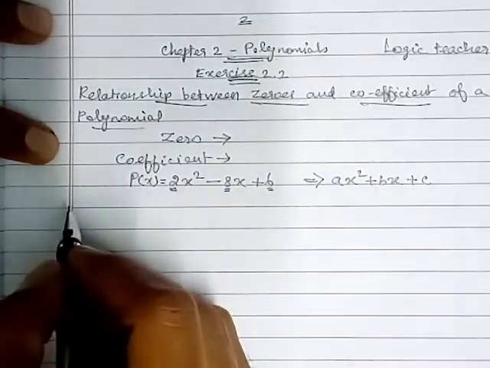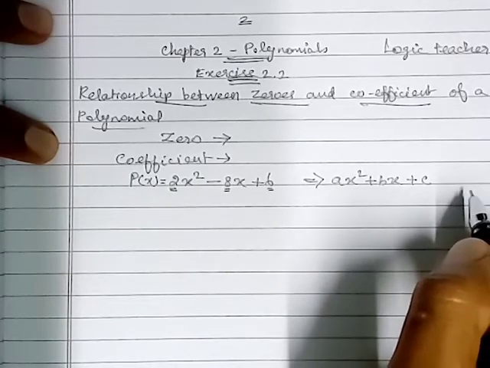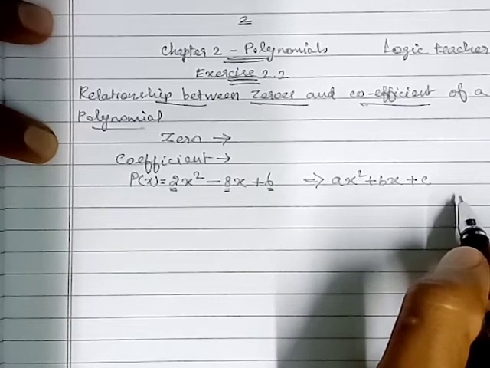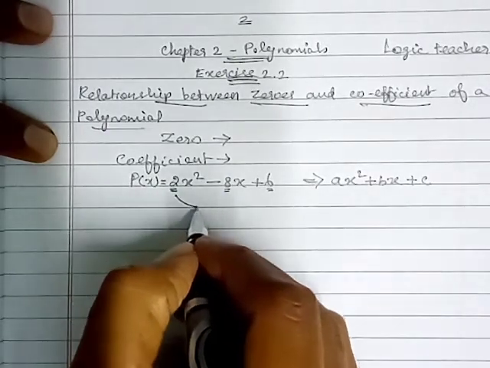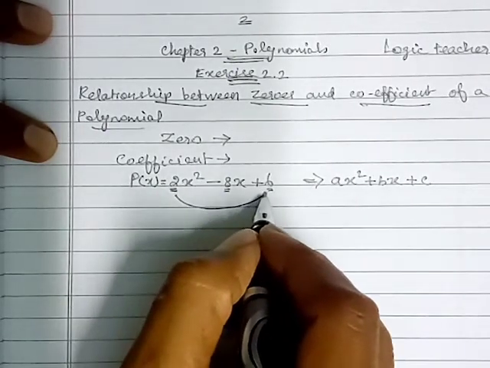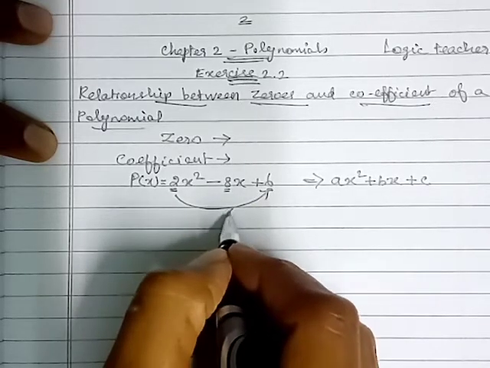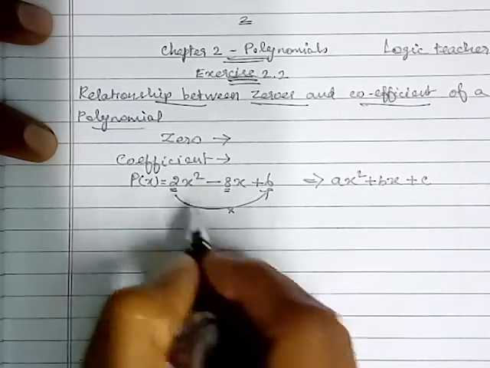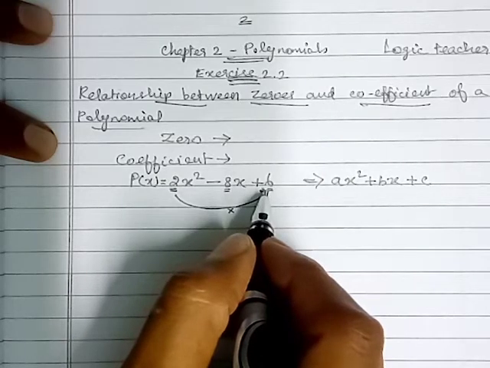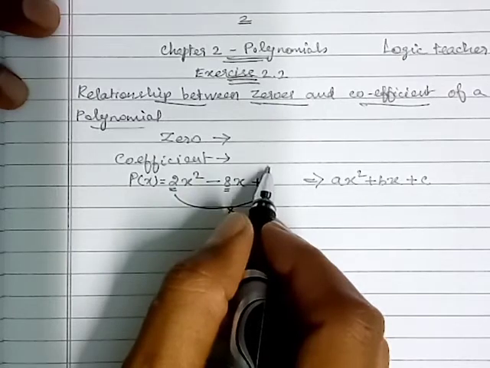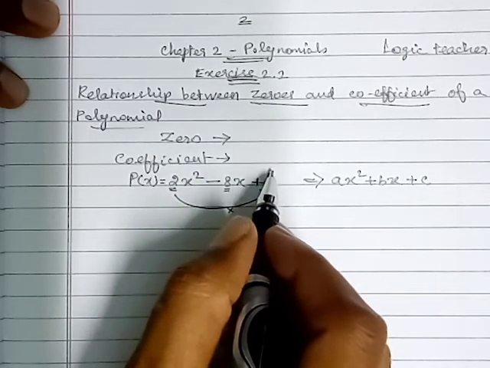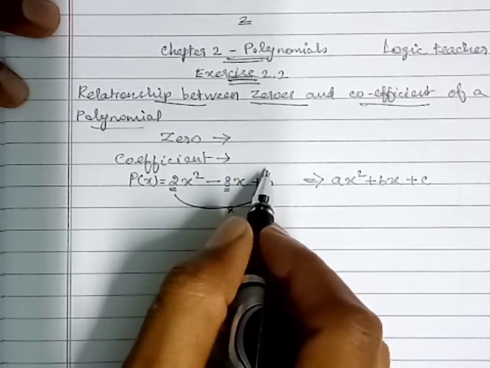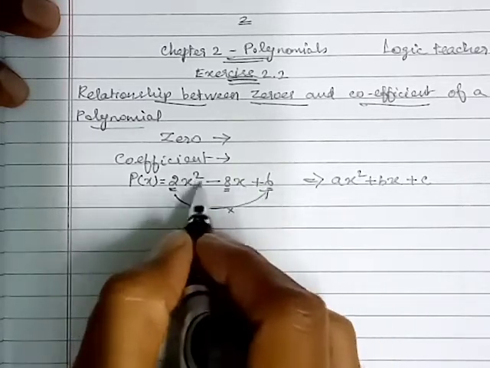How can we split this middle part? For that there is a shortcut method. We have to multiply the coefficient of x squared and the constant, 2 into 6, that is 12. So we already know that this should be the product, that is, the multiplication of the two zeros, because it will have two zeros.